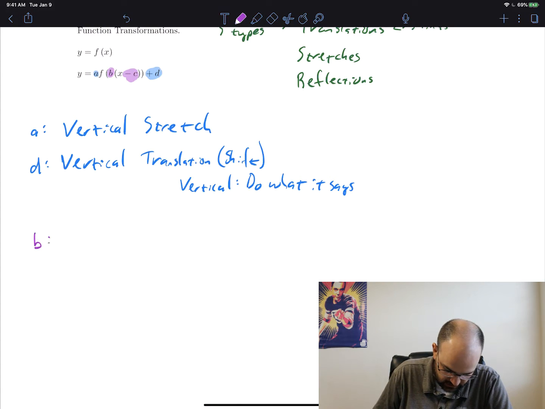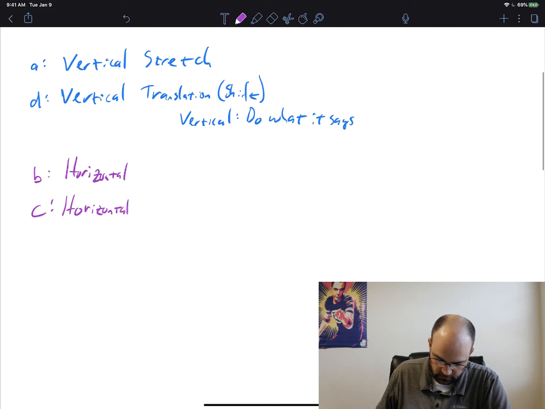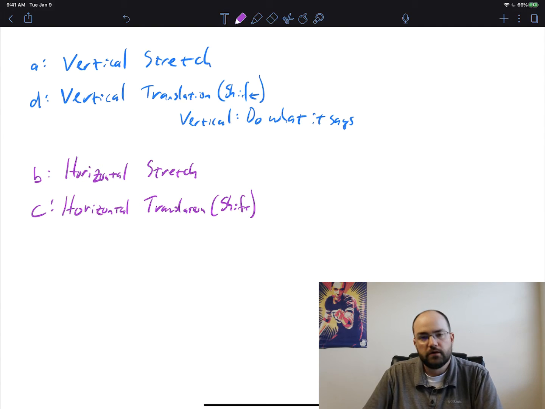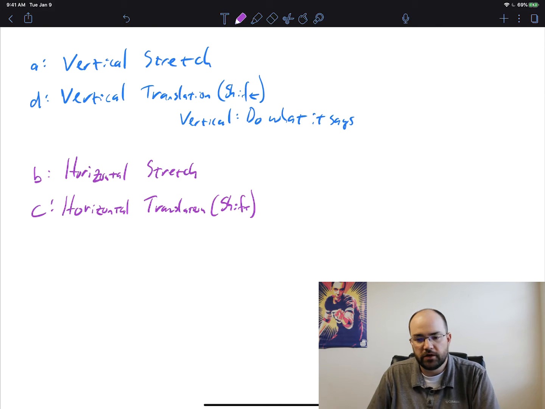So for both B and C, those are both horizontal stretches and shrinks, and also translations. So with a horizontal stretch, though, we always do the opposite. And with a horizontal translation, we always do the opposite.